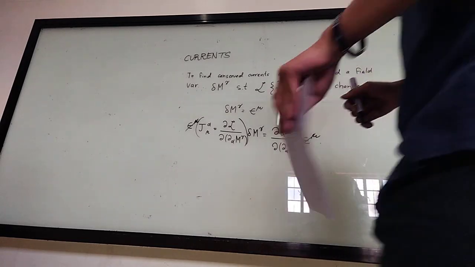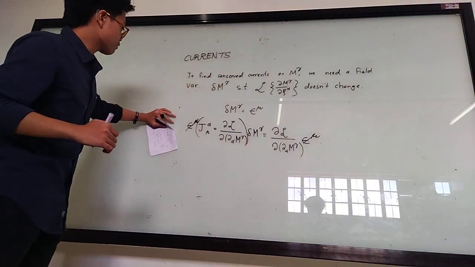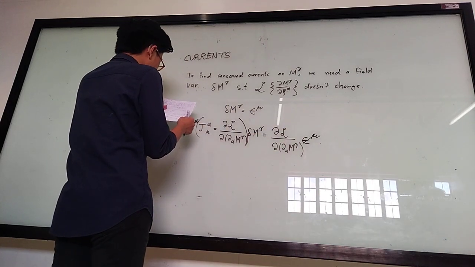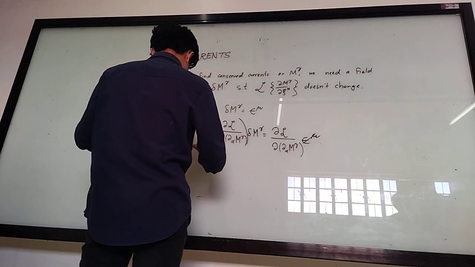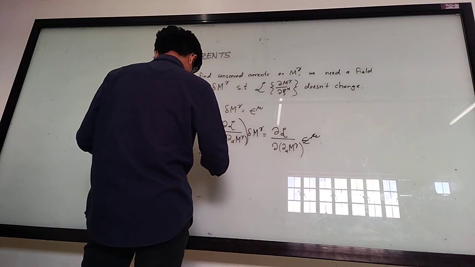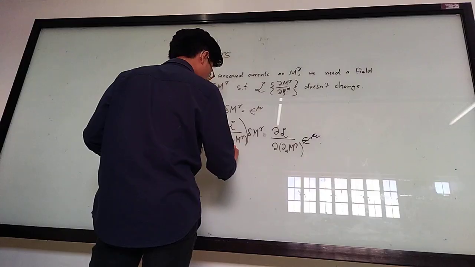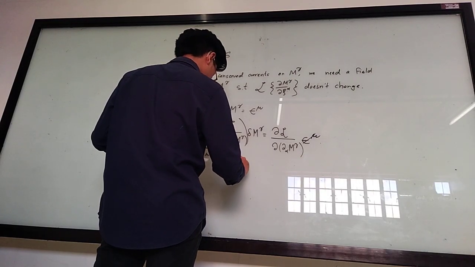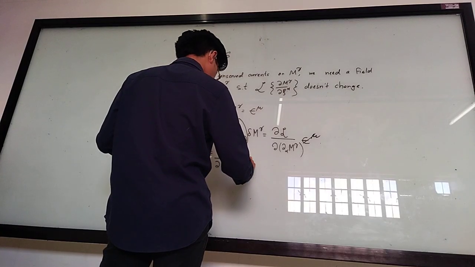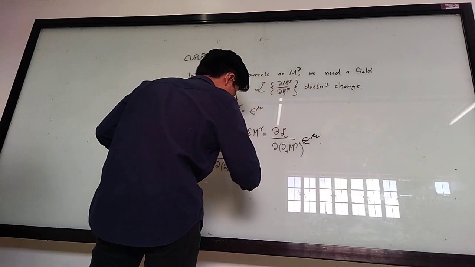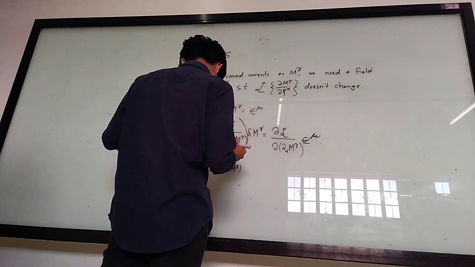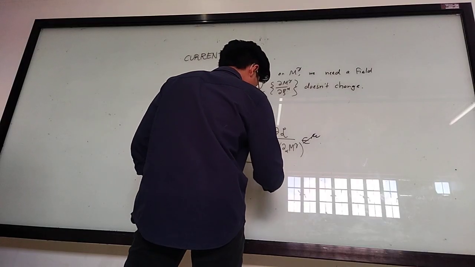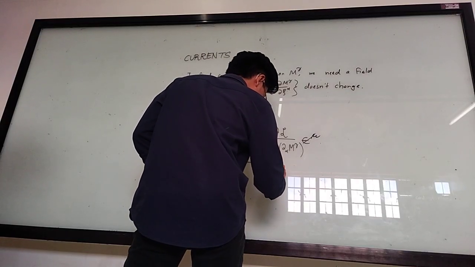Okay, so sorry about that. If I cancel out my epsilon, simply stating my spatial indices, except it's contracted.